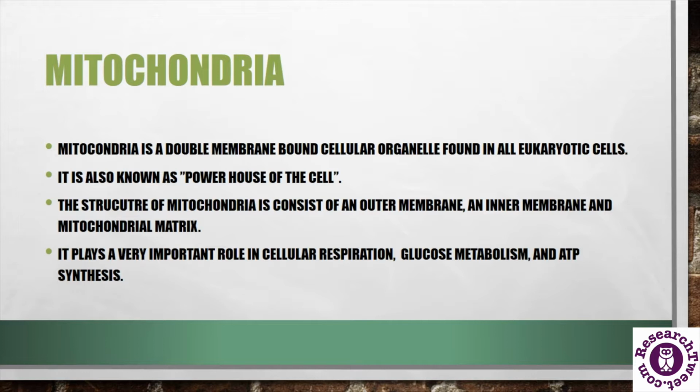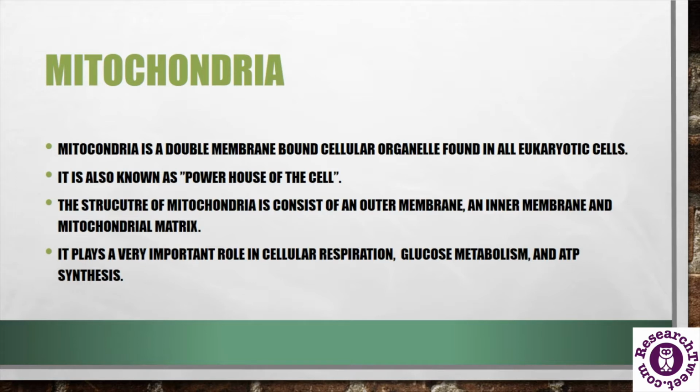The space between the outer and inner membrane is called the intermembrane space, and inside the inner membrane is the mitochondrial matrix, which consists of several essential enzymes, metabolites, ribosomes and genetic material. Mitochondria play a very important role in cellular respiration, glucose metabolism and ATP synthesis.